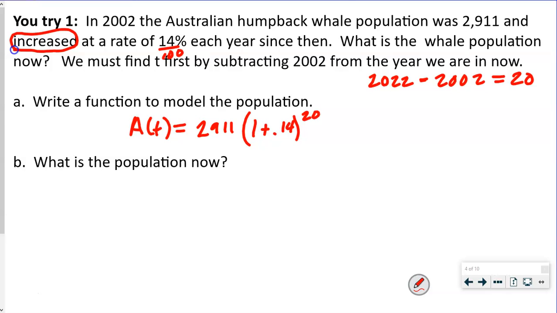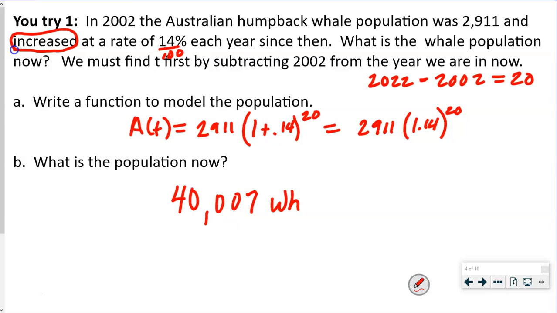Here again, I'm going to rewrite this so you guys are familiar: 2911 times 1.14 to the 20th power. Again, I would do the 1.14 to the 20th power and then multiply that by 2911. And when I do that, I get 40,007 whales. That's how many whales there are after a growth rate of 14% for 20 years.